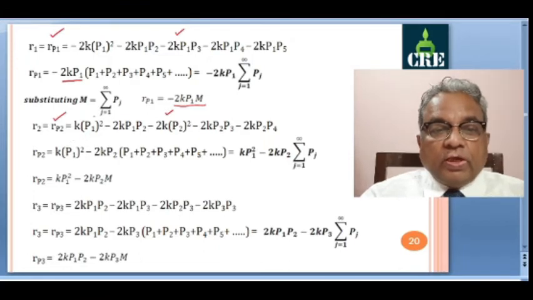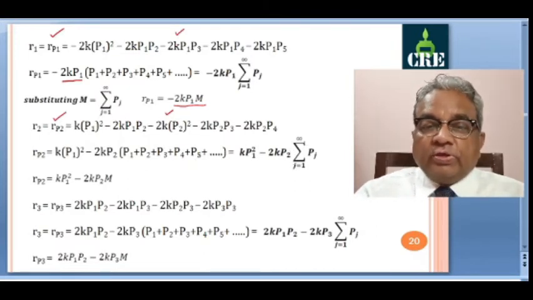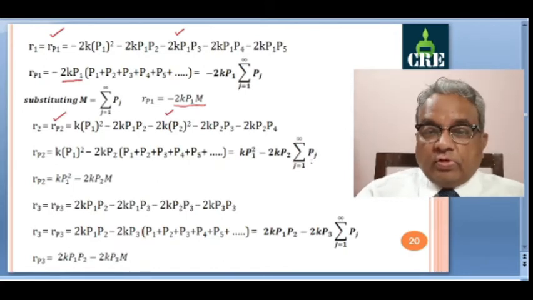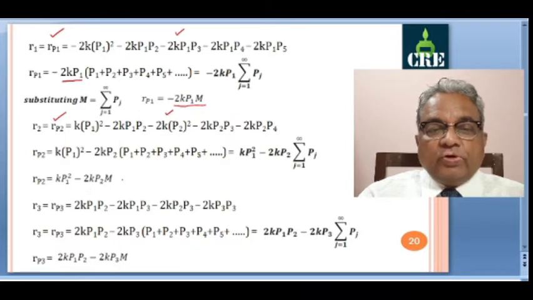So here also k P1 square is the first term, and for the second term onwards I can take out 2k P2 common. P2 is there in all these terms. So this into bracket P1 plus P2 and so on. So this can be written as first term k P1 square as it is, minus 2k P2 into this bracket, which can be represented as summation of Pj from j is equal to 1 to infinity, and this term can again be written as m. So Rp2 is k P1 square minus 2k P2 m.